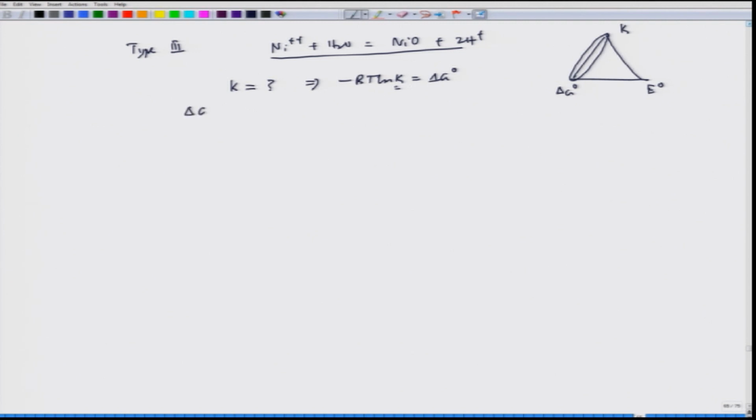So, delta G 0 would be the summation of mu 0 of products minus the summation of mu 0 of reactants.